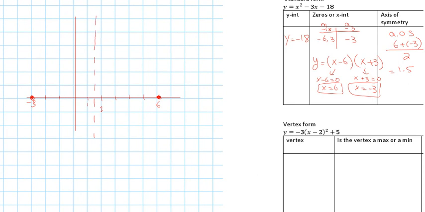How do I find my optimal value? Go back and look at your notes. How do you find the optimal value after you find the axis of symmetry? Substitute. That's right. So you substitute the axis of symmetry in for x. So let's do that.